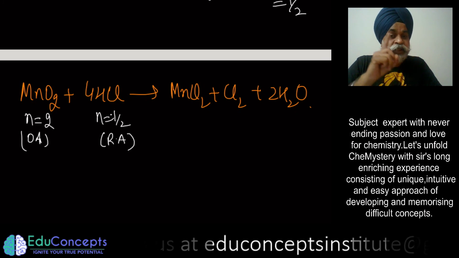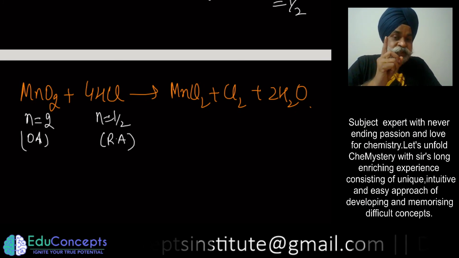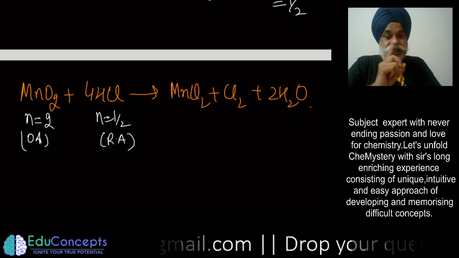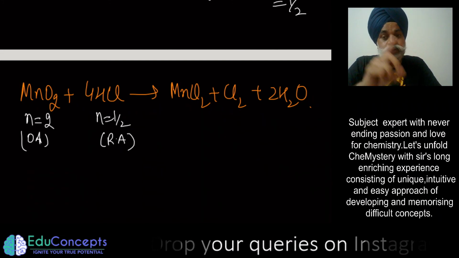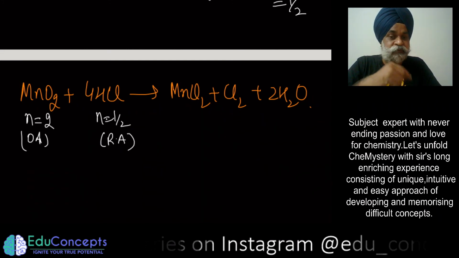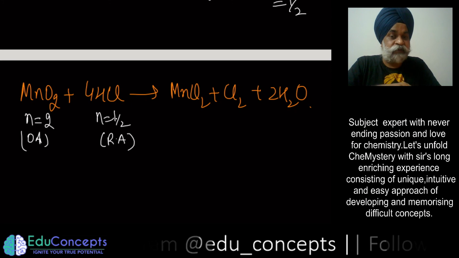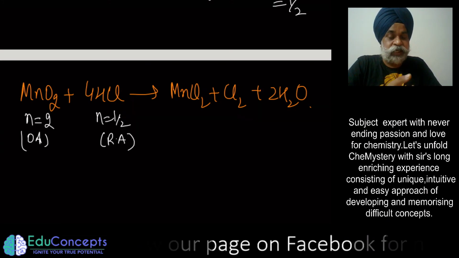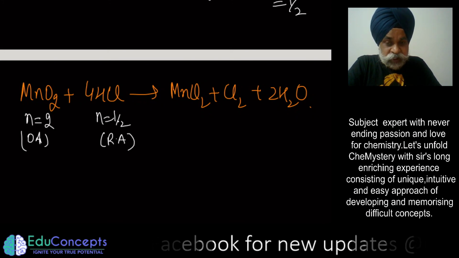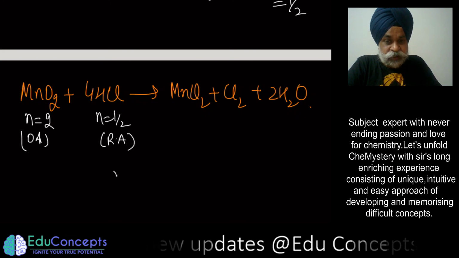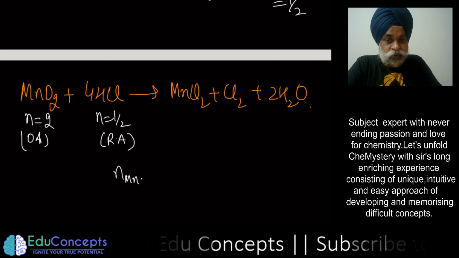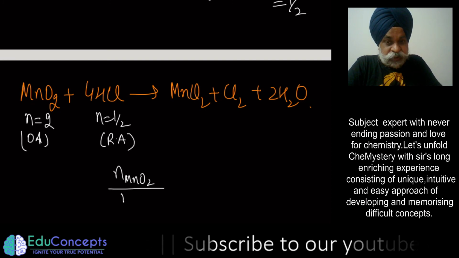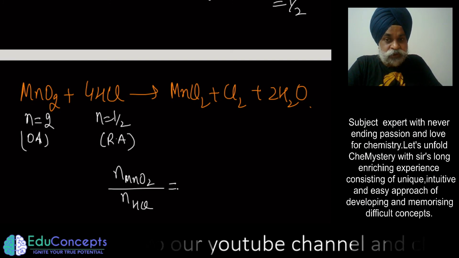So how many moles of HCl do I require so that MnO2 can get 2 moles of electrons? So I have to multiply this half into 4, to get the answer equal to 2, isn't it? So what I'm trying to say is that if I take the ratio of the n factor of MnO2 upon, this ratio is how much?